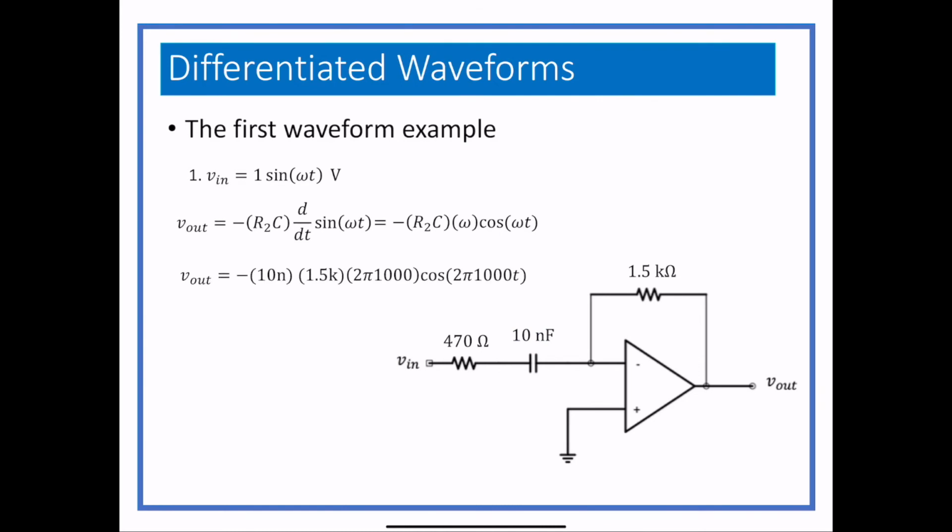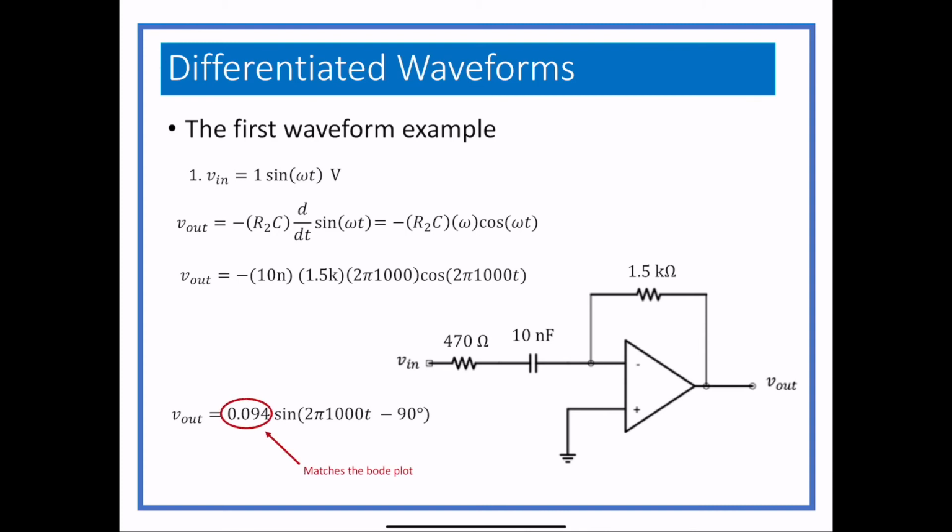And that means if we put the numbers in, we get minus 10 nanofarads times 1.5 K times 2 pi 1,000 times cosine 2 pi 1,000 t. And then if we put all those numbers together and convert it back to a sine wave, because we want to see how it compares to the input, we get 0.094 sine 2 pi 1,000 t minus 90, which is awesome.